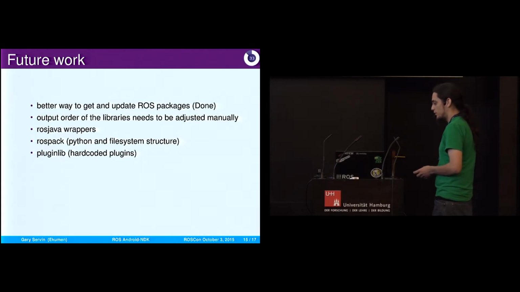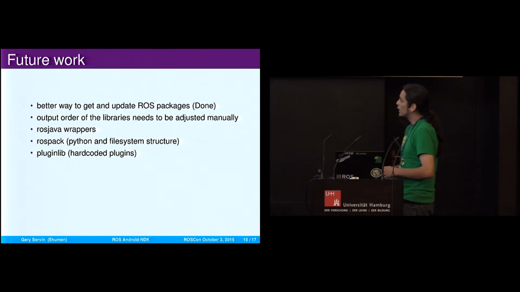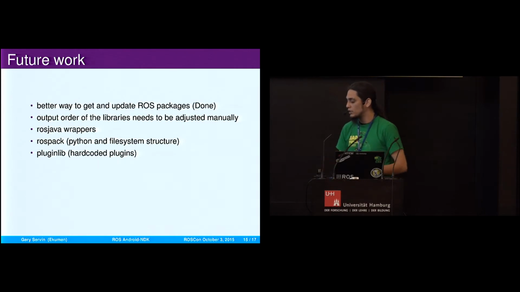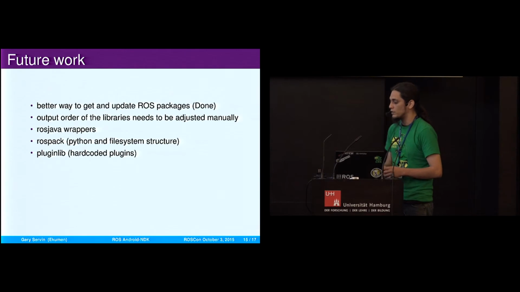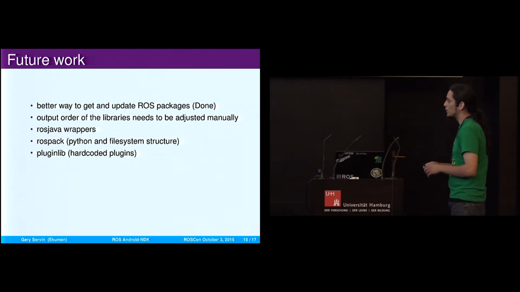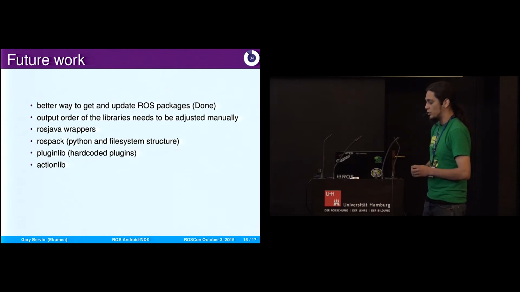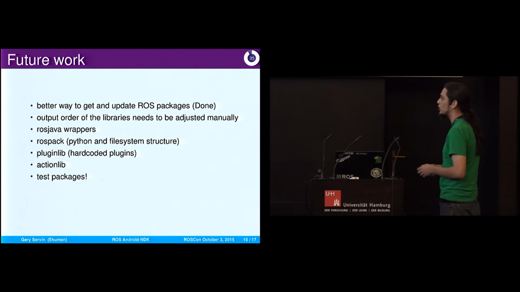We also have issues with pluginlib, basically for the same reason, but we have a workaround using hard-coded plugins. For example, our move_base demo uses hard-coded plugins. There is a fork of move_base so we can build everything. We don't have actionlib implemented in ROS Java, and we are also working on that.